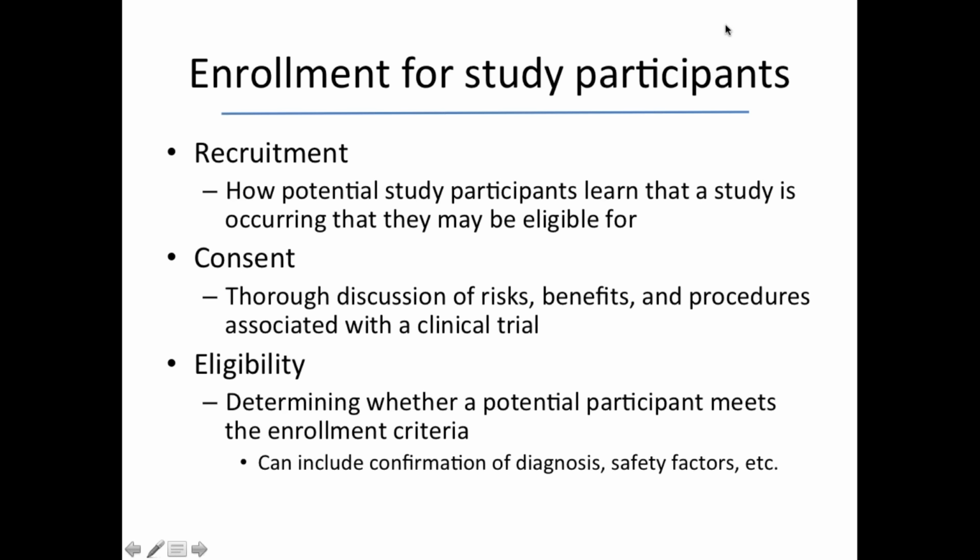And there are various ways that participants can be recruited. One of the more common ways is that people recruit their own patients, so patients that are already seen by them and they're known to have a specific condition or be eligible for a specific trial. And the researcher or clinician will contact that person and say, I have this clinical trial, I know you have this condition, are you interested in participating?